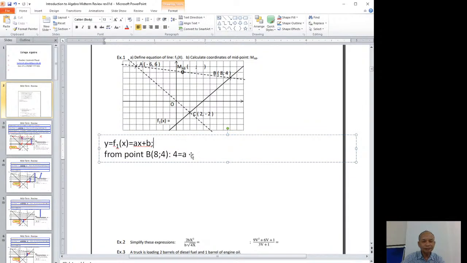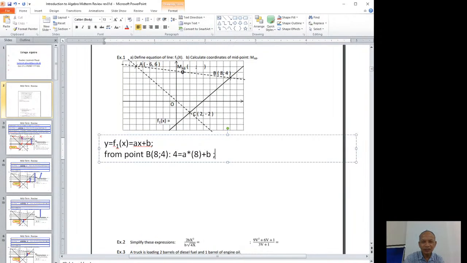From point B, we have a times x. What is our x? For B, x equals 8. Okay, and then plus b.